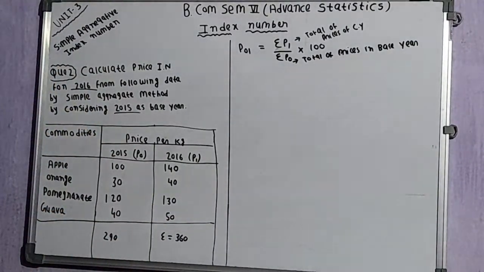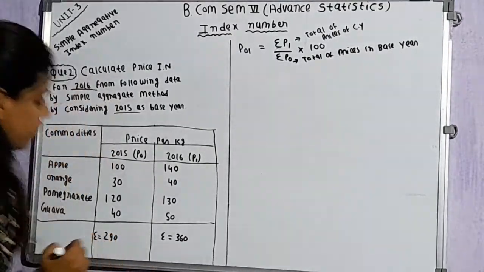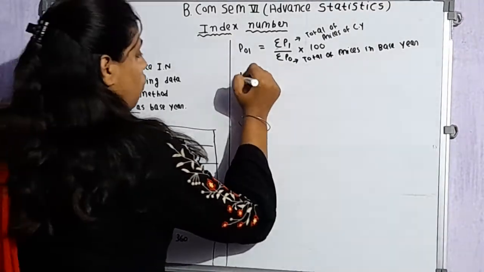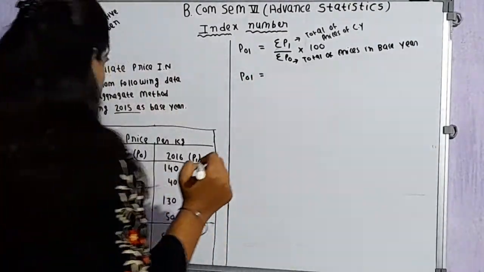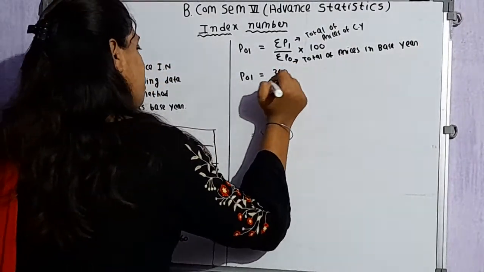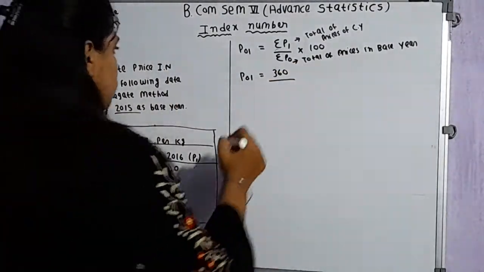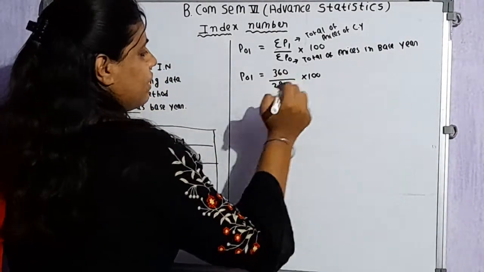Now we put these values in the formula. P01, that is the price index number for year 2016, equals summation P1, that is 360, upon summation P0, that is 290, into 100. 100 is always taken as a base.